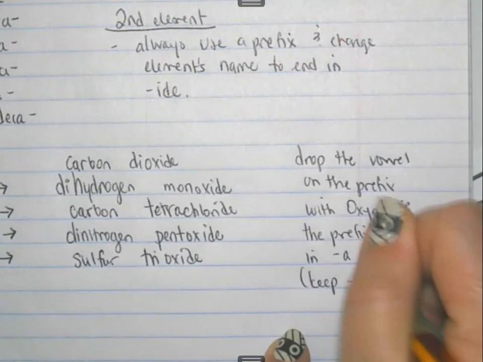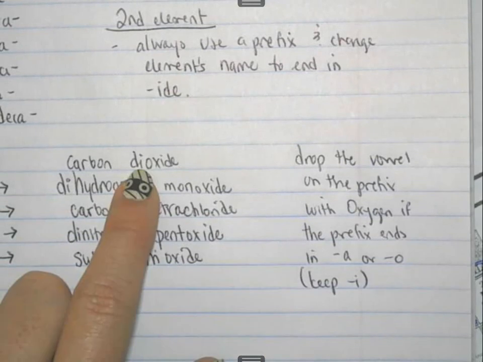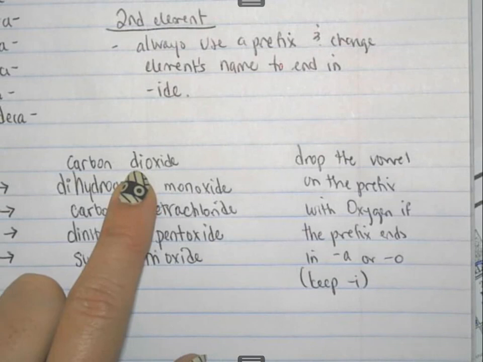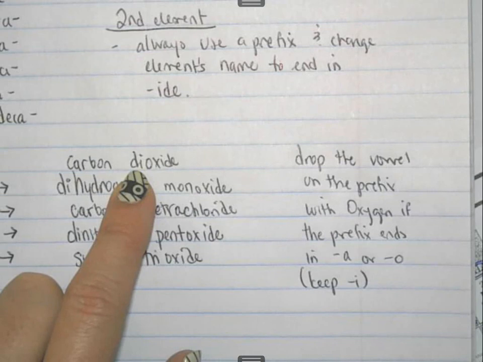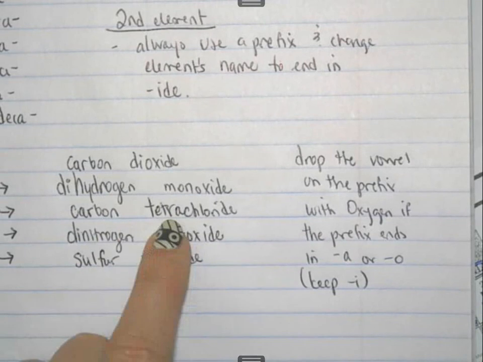So, did I drop the I off of dioxide? Because then that would be called carbon dioxide. Yeah, so it's carbon dioxide. I do drop the extra O, I do drop the A with oxygen, but with nothing else.